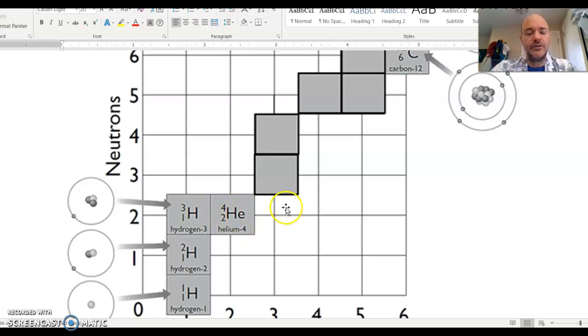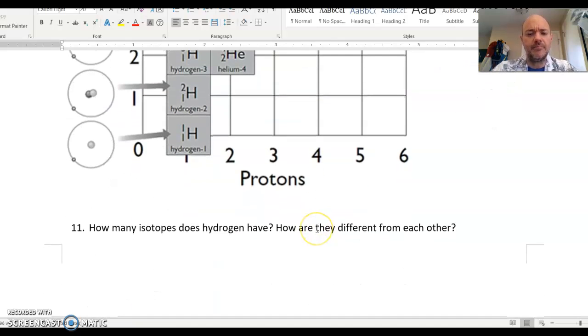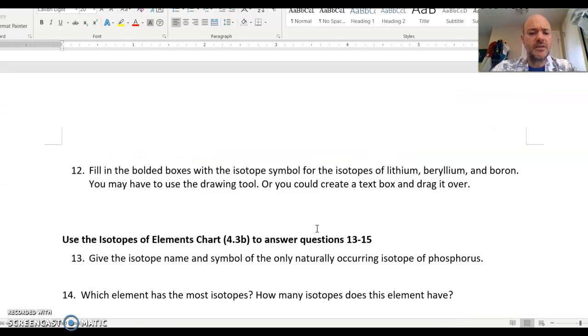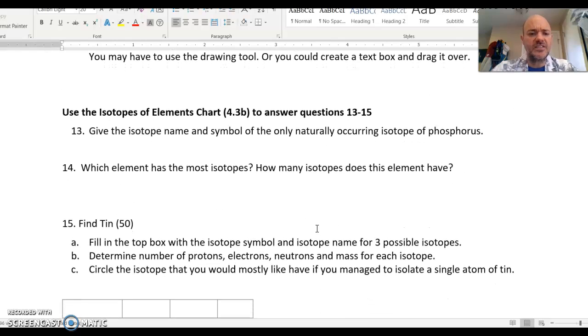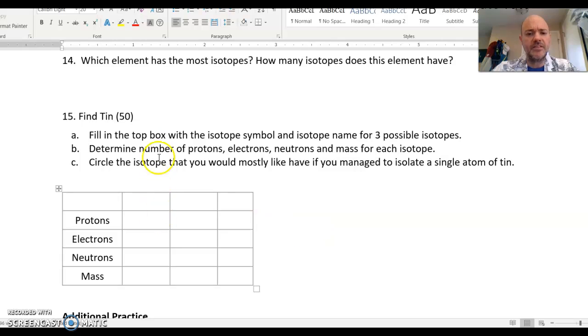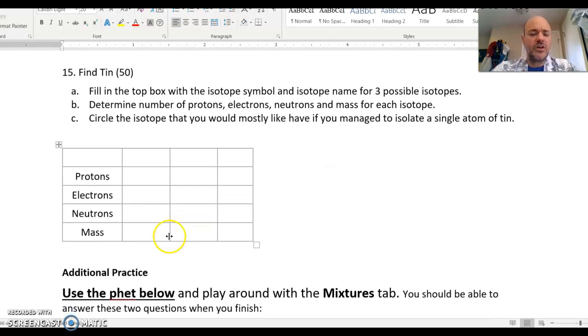I have to go into a separate program, draw it out, and then copy and paste it. So don't feel bad if you can't get something like 4, 2, He. So think about that. Fill in the boxes, or just write down what would go where. Think about tin. Think about the isotopes you would write. This one might be a little tough.